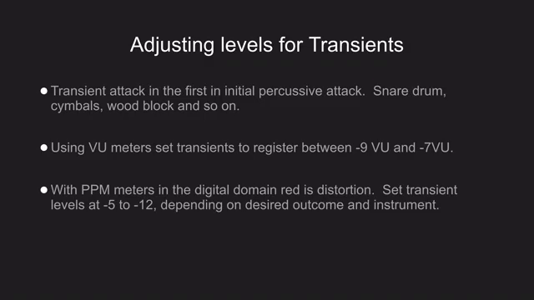Using VU meters, we set the transients to register between -9 and -7 volume units. With peak program meters in the digital domain, red is distortion. Set the transient levels to -5 to -12, depending on desired outcome of the instrument.